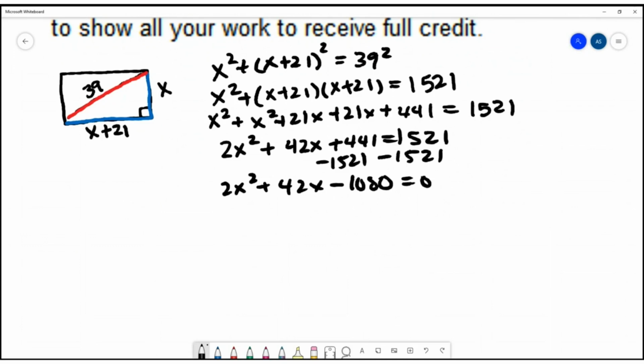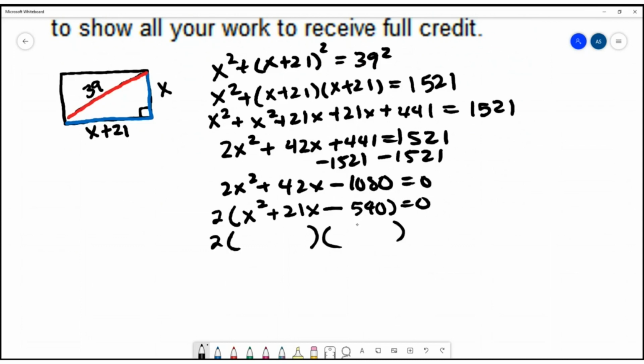I'm going to start by factoring the greatest common factor of 2. That's x squared plus 21x minus 540. And so when I factor this, I've got to factor 540, which is a pretty big number. So let's see if we can figure out factors of 540 that add to be 21.